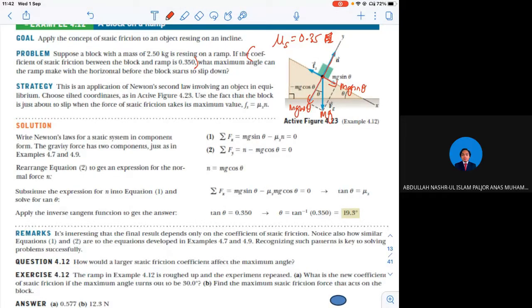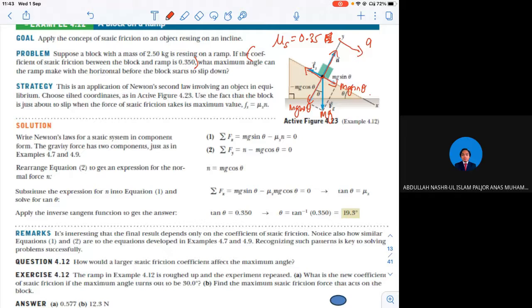We have normal force, and because the question includes the coefficient of static friction, we can put it in, because we know this box will go down with a certain acceleration. So this is the motion of the box. The direction of friction is against the motion, so it should be going the other way around. Now we have Fs, mg sin theta, mg cos theta, and normal force.